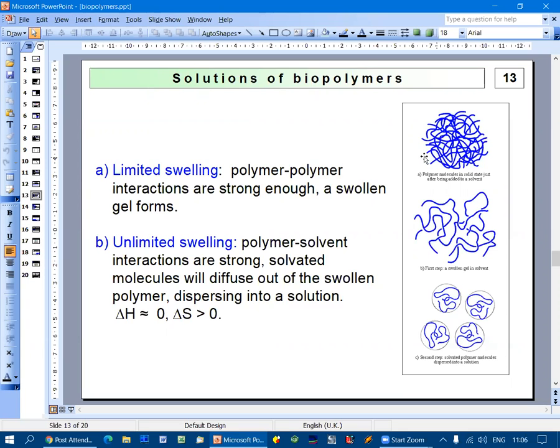I'll speak about them a little bit later. Molecules of polymer in gel form a network solid structure, and inside here in these cells there are molecules of solvent.